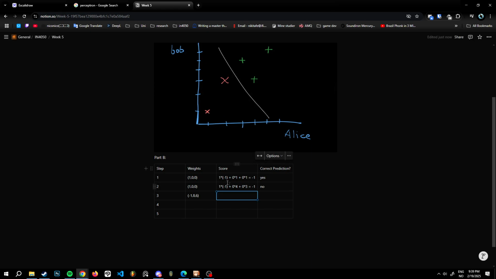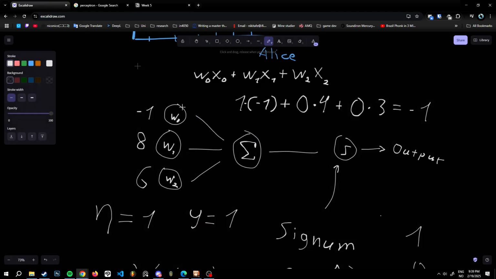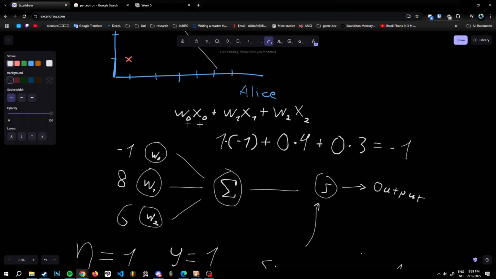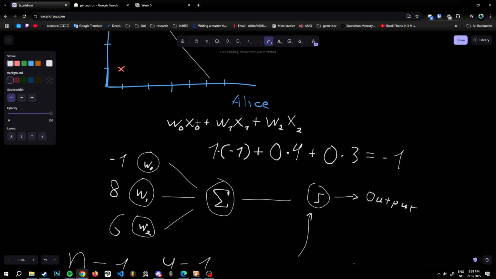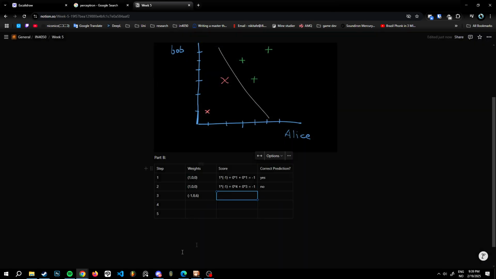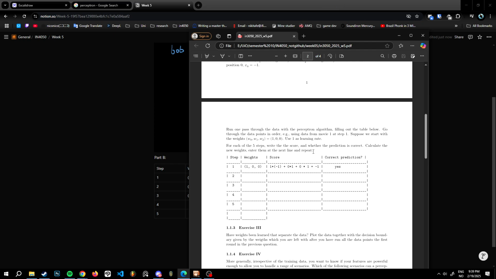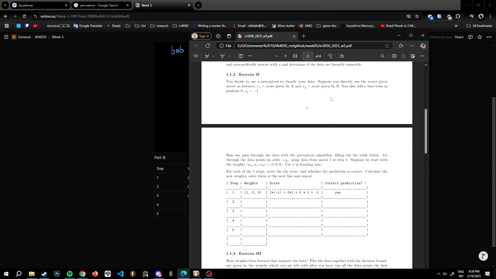And so what will our scores be now? Well, if you remember our formula, it's this. So it's the weights of the perceptrons times, what does the book call it here? Times the score given by B, score given by A, and the last one is the first one.